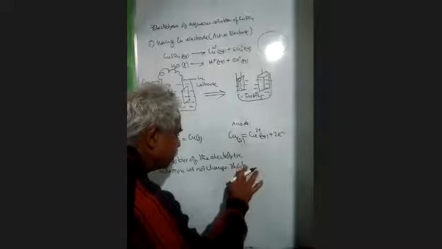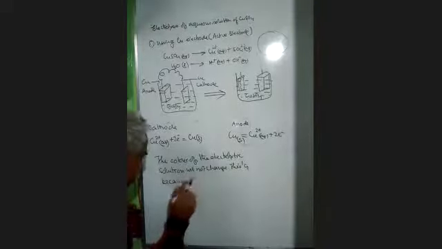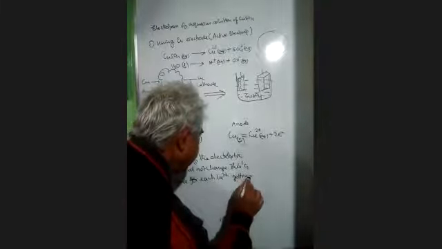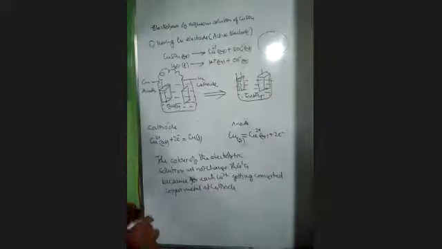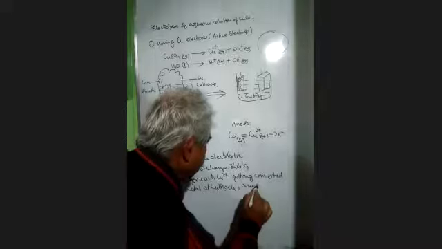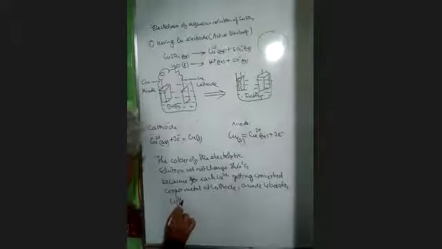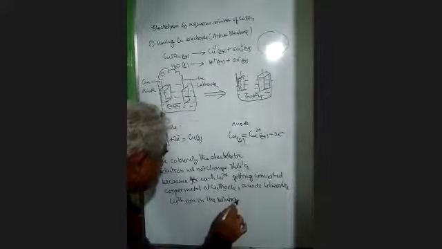This is because for each copper 2 ion getting converted to copper metal at cathode, anode liberates copper ion in the solution.